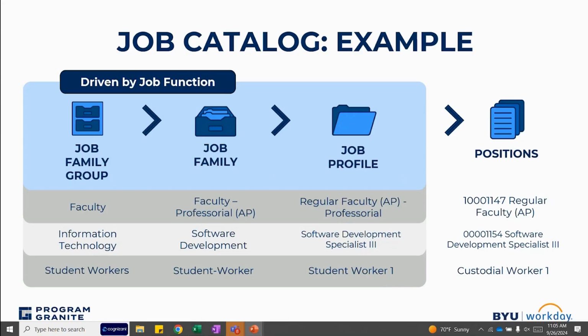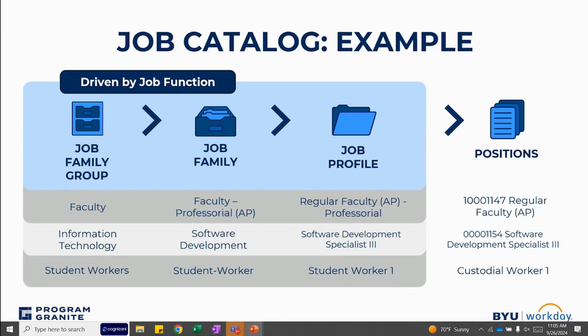Then that position still is a regular faculty. It's got your position number, an 8-digit number, 1000 and so on. Now, this is where on that position, we could say this is a regular faculty English, regular faculty psychology. This is where the actual position title would live.